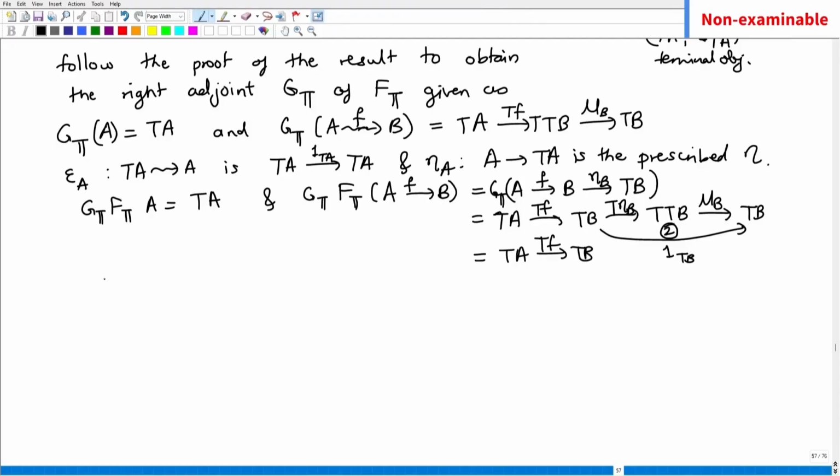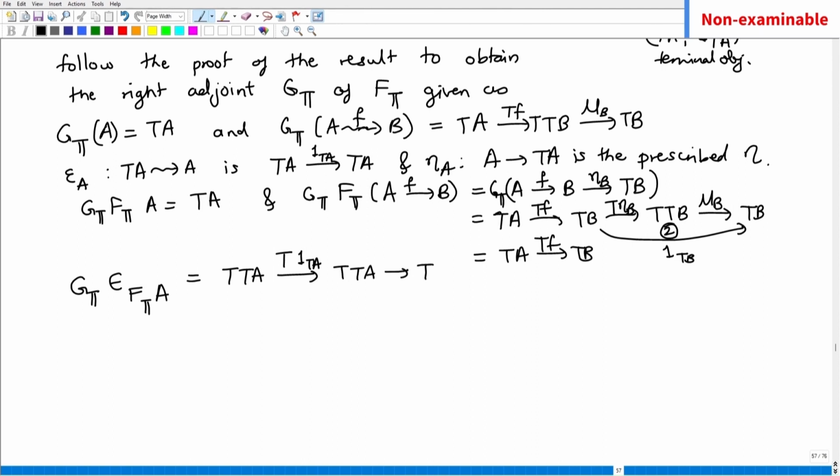One final thing to see is this: what is the monad induced by it? What is the multiplication induced by this adjunction? So we have to verify that. So GT FT sub A, what is this? Well, this is TTA, then T of 1 sub TA, to TTA.